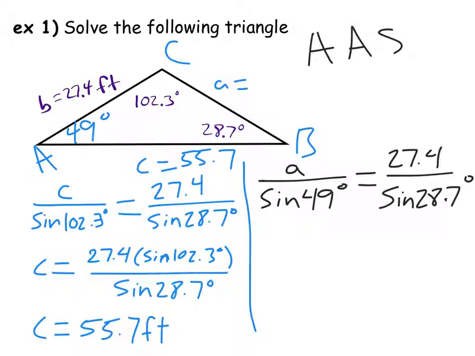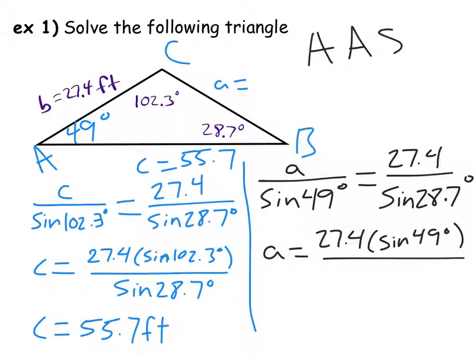The law of sines is really consistent. If you're solving for a side, it's the same thing every time. You get it set up, you'll probably put the side length on top. To get A by itself, we just have to take 27.4 and multiply it by the sine of 49 degrees. Notice I picked that angle because that's what's opposite of side A.